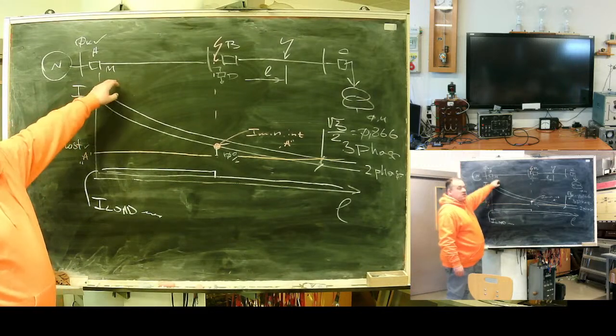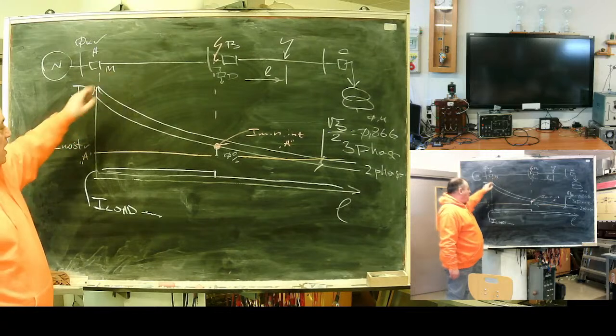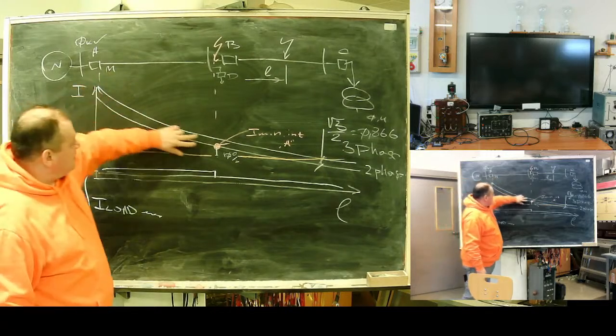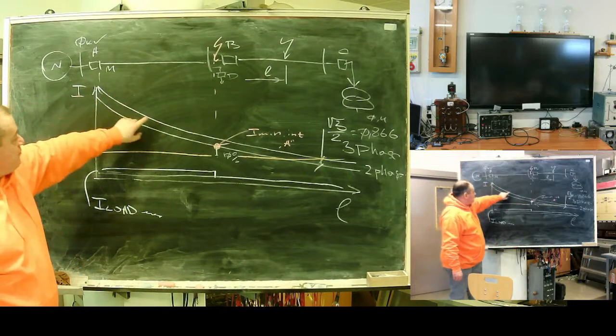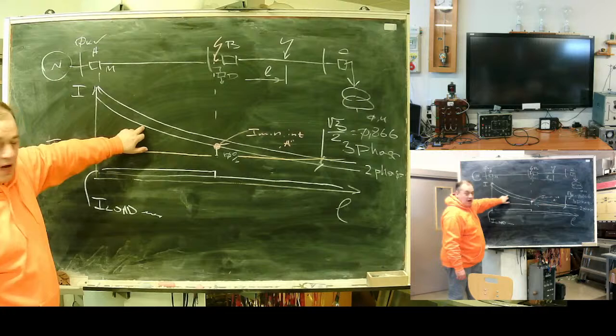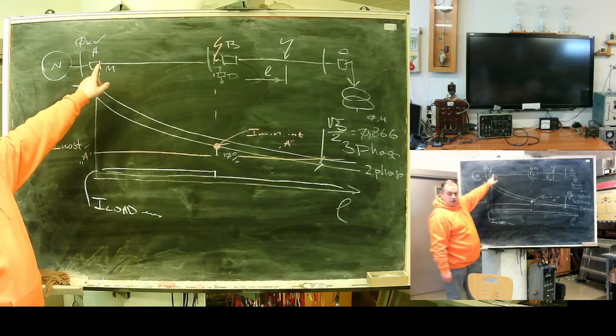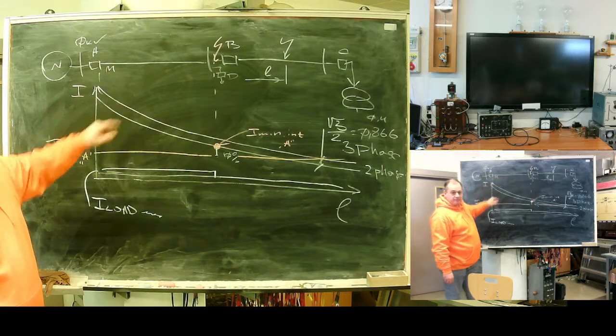I need to repeat. I have this simple network, and these are fault currents as a function of distance, three-phase and line-to-line fault. I assume this is an isolated neutral.